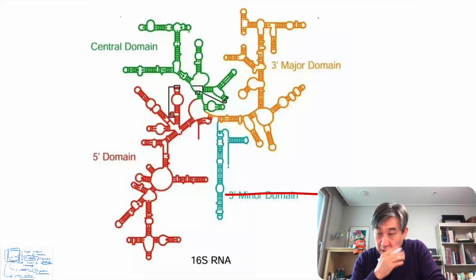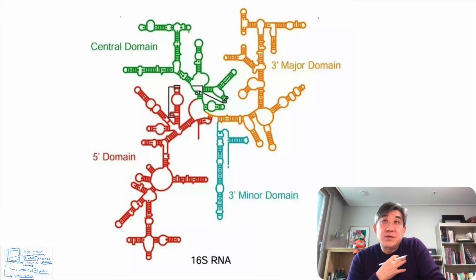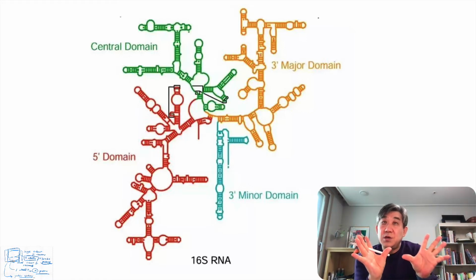So this is showing some of the secondary structure, and once you generate any secondary structure, that means automatically this will fall into some 3D structure.